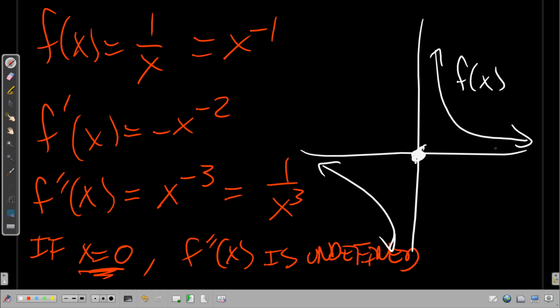It does change inflection. Here it's concave down, and over here it's concave up. But just because it changes inflection around some x value, there's not necessarily an inflection point there.